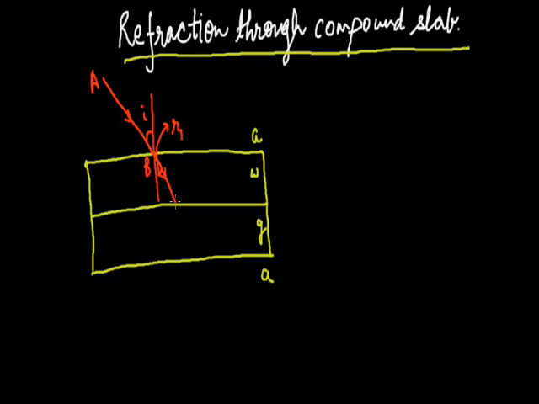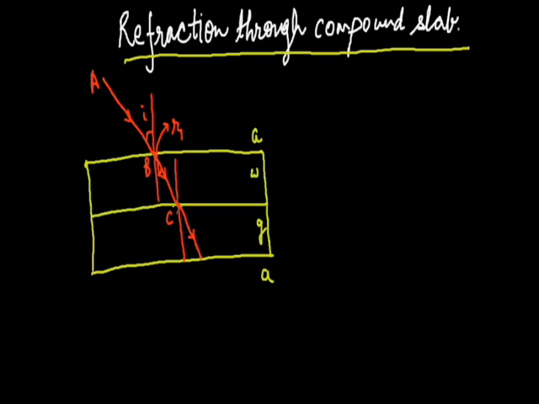Now, when this ray BC goes forward and falls on the interface between the water and the glass surface, there is a normal again, and this ray BC bends towards the normal again, as the glass is a denser medium than the water. So here the light ray bends towards the normal.